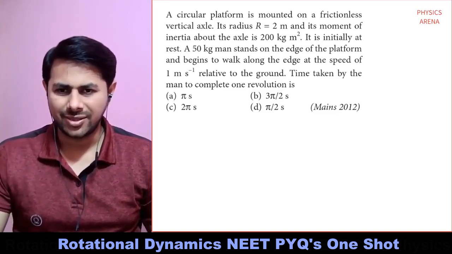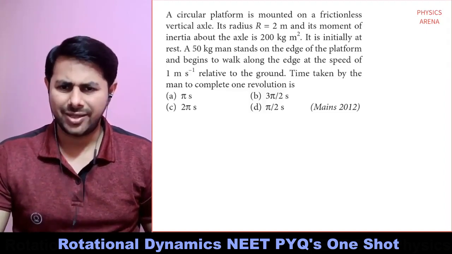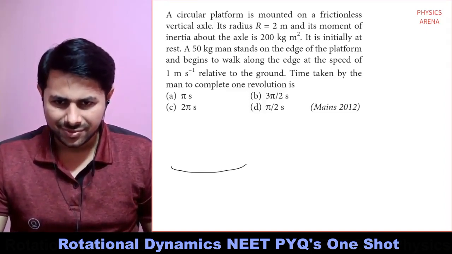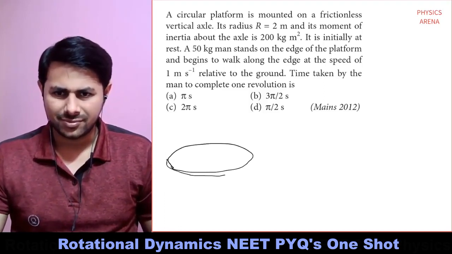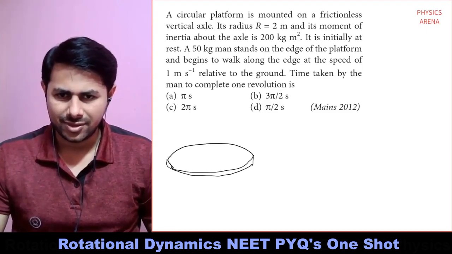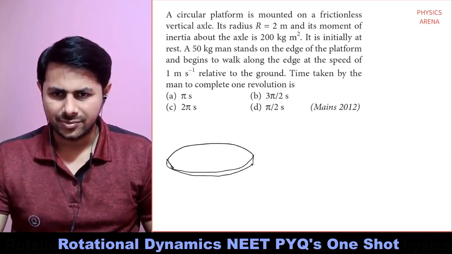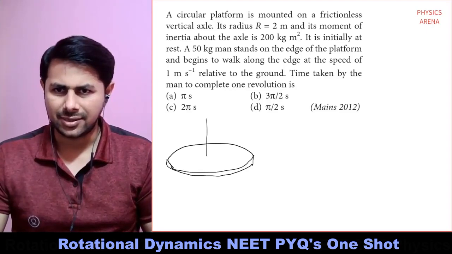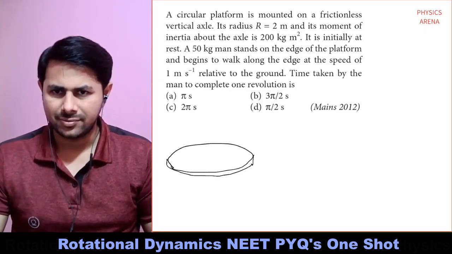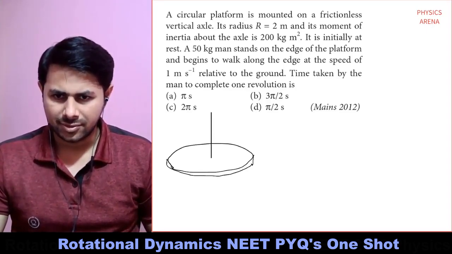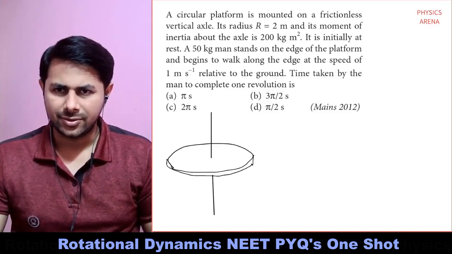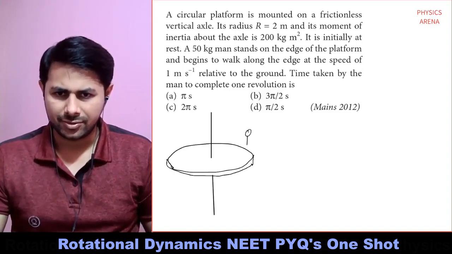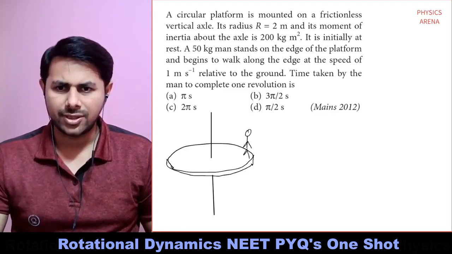So what is given? This is a nice question. It's from mains. There is this circular platform, and this is an axle, or you can say it's the axis of rotation. Then there is a man who walks on this platform.